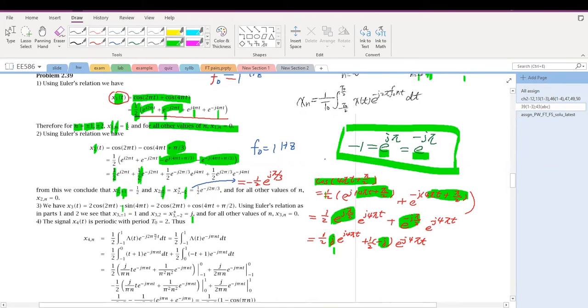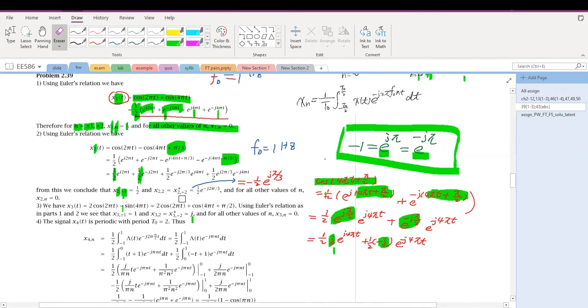For n equals 2, the coefficient is minus half e to the power j pi over 3. And for n equals minus 2, the coefficient is minus half and e to the power minus j pi over 3.